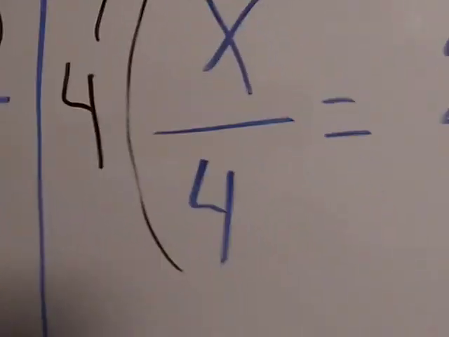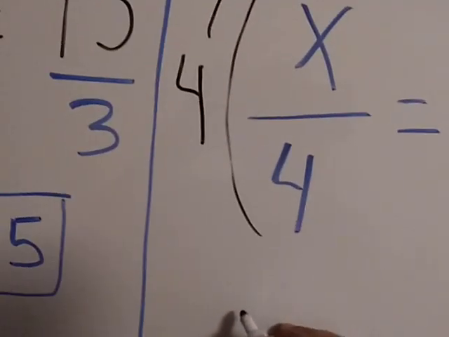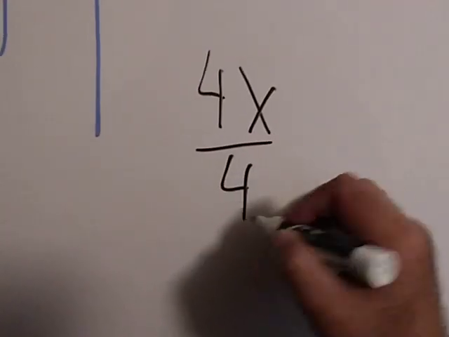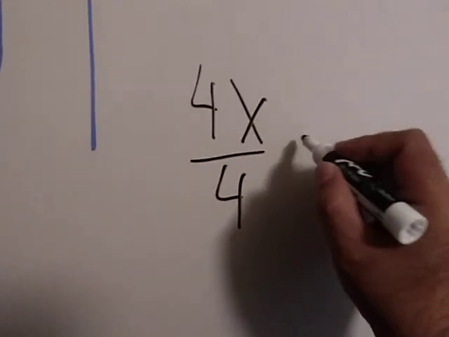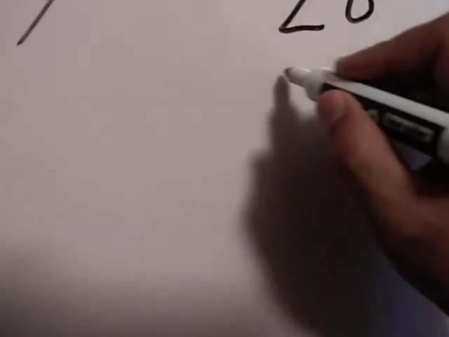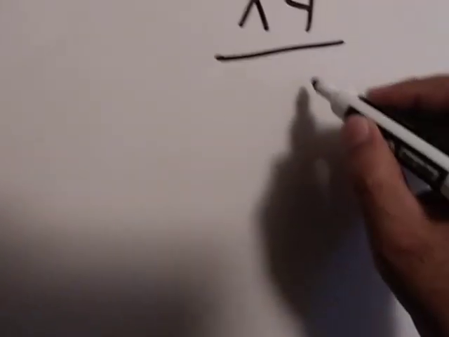Just to show you the process, you would have 4x over 4 equals, and we'll do it on the side here, 28 times 4. So 4 times 8 is 32.